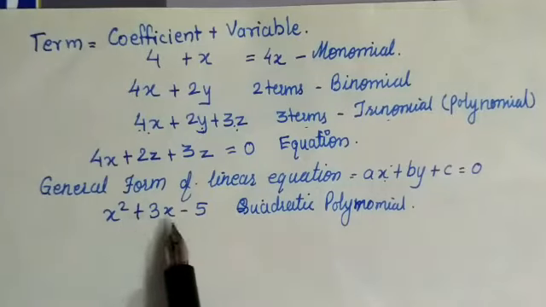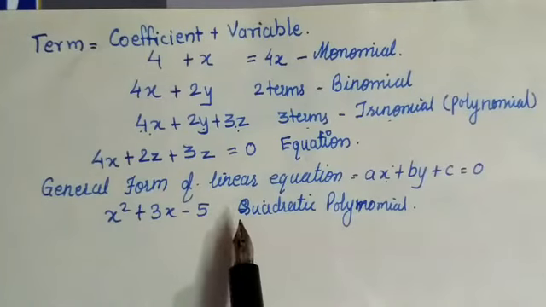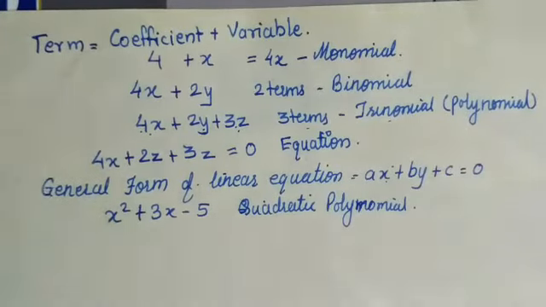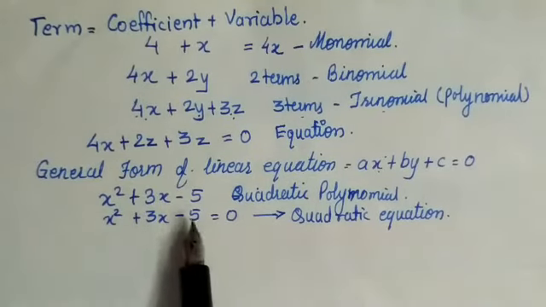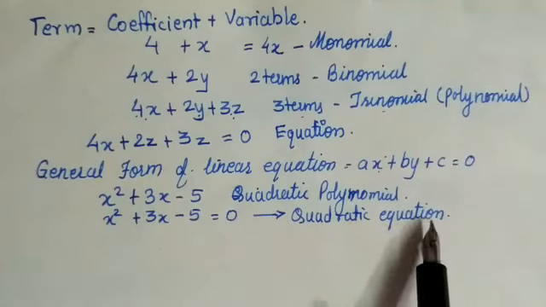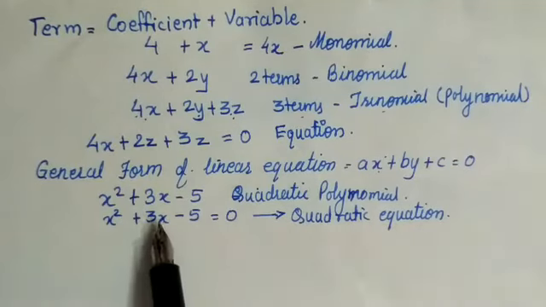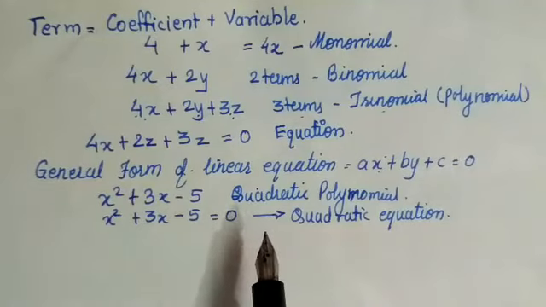It is only a quadratic polynomial. When it is compared with something, then it becomes a quadratic equation. Now x square plus 3x minus 5 is compared with 0, and then it becomes a quadratic equation. An equation carries a left hand side and a right hand side.